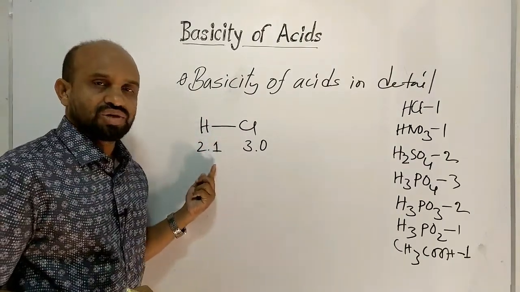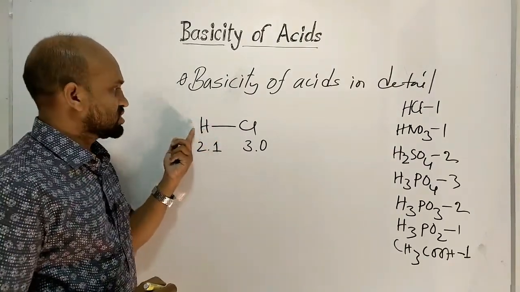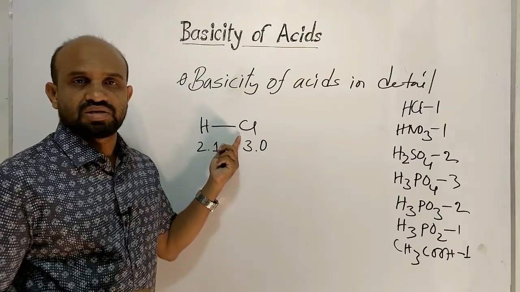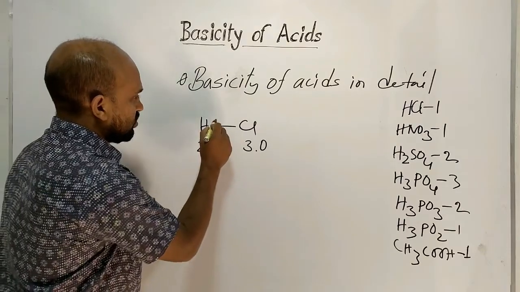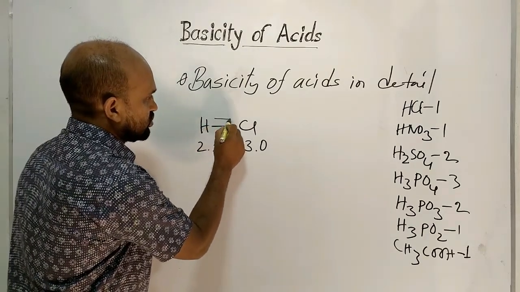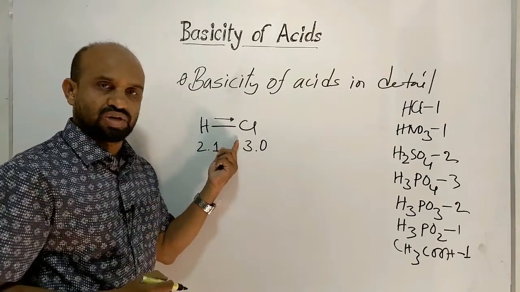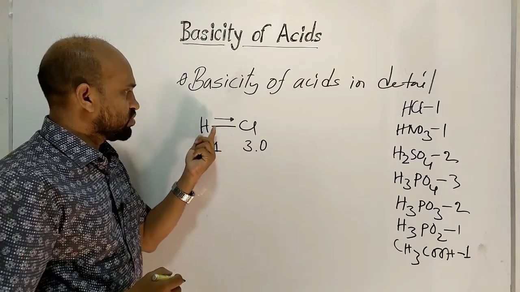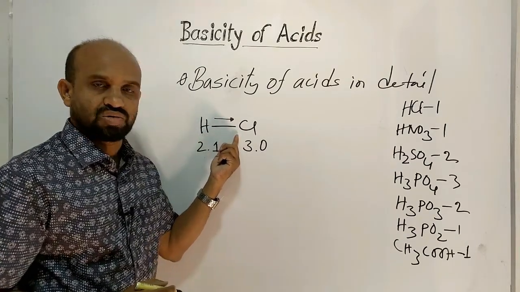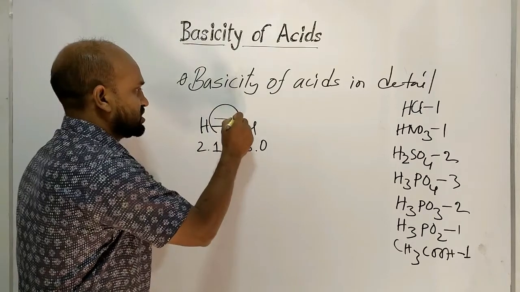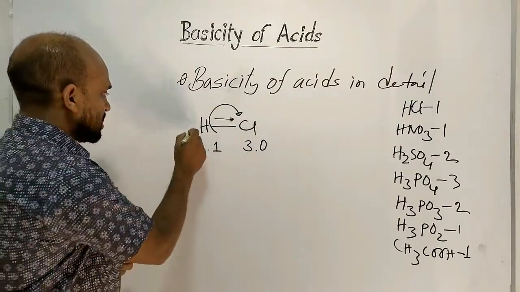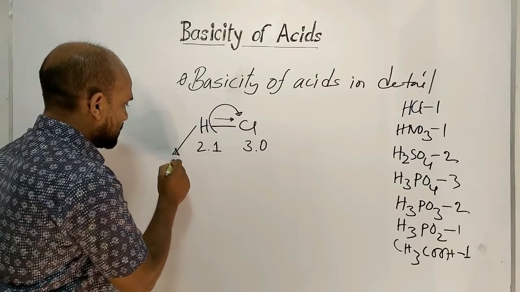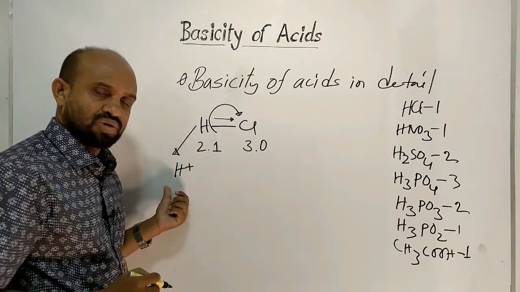So the electronegativity difference between hydrogen and chlorine is quite high, and for this reason the covalently bonded electrons move towards chlorine, and this bond, hydrogen chlorine bond, undergoes a heterolytic fission, and at one stage this hydrogen gets freed as proton.